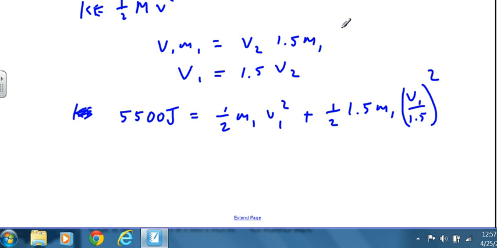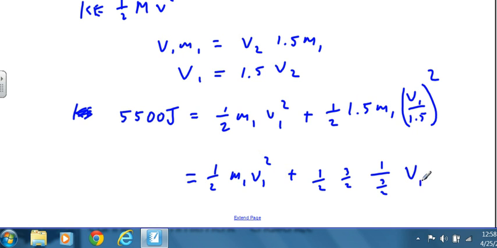Alright, that being the case, what am I going to do with that? I'm going to change that to 1/2 mass 1 velocity 1 squared plus, I got a 1/2, I got a 3/2, divided by 3/2 velocity 1 squared, and this guy is squared.